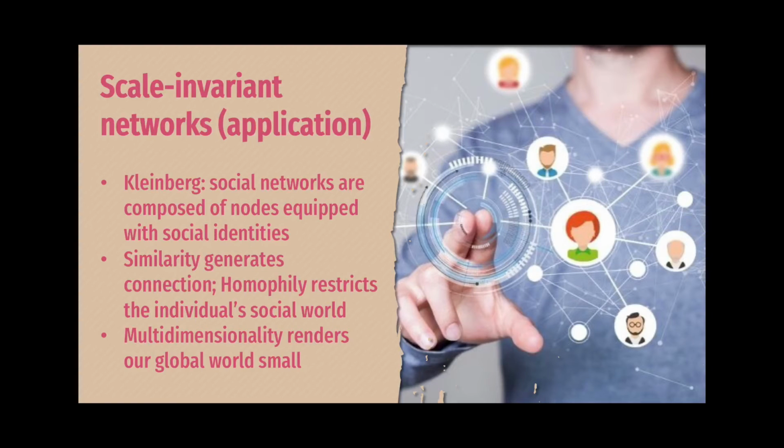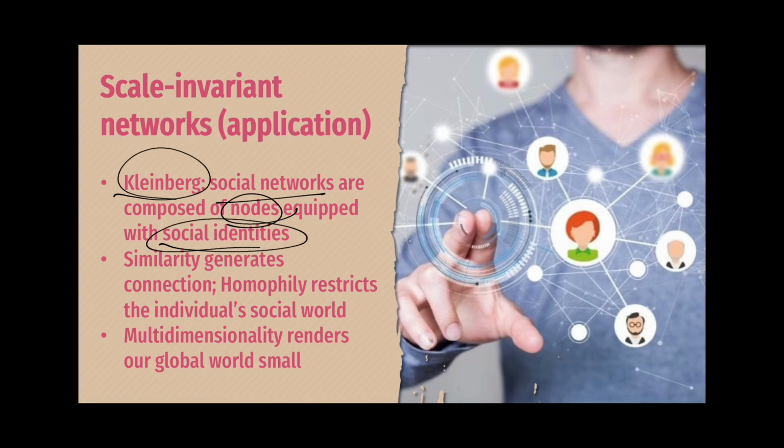And Kleinberg also argues that unlike other forms of real-world networks found in other disciplines, social networks are composed of nodes that are not just nodes that you find in a computer, graphed in a computer. These nodes are equipped with social identities. So the behavior of the nodes cannot be equated to the nodes that you find in information technology, or the way cells interact with each other or chemicals interact with each other, because social identities are highly contextualized, and we are super nuanced.